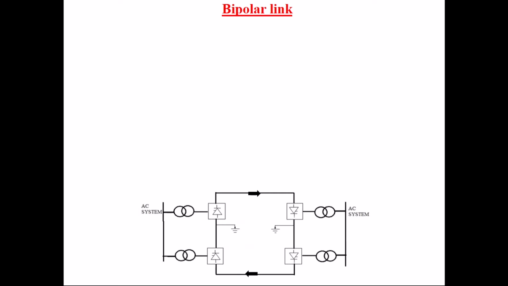The next classification of the HVDC system is the bipolar link. As you can see in this figure, we have used two conductors. One is a positive conductor, and the other is a return conductor. In this case, we do not use the ground as a return path, we use the negative conductor as a return path.